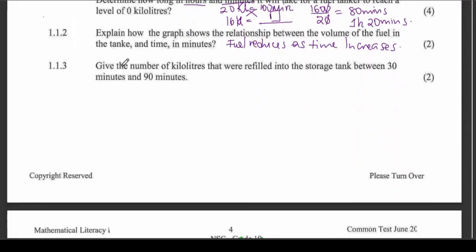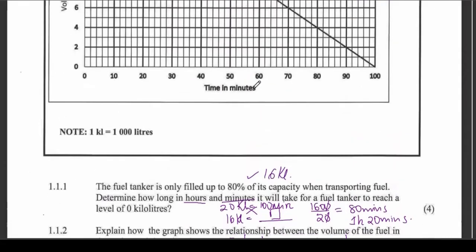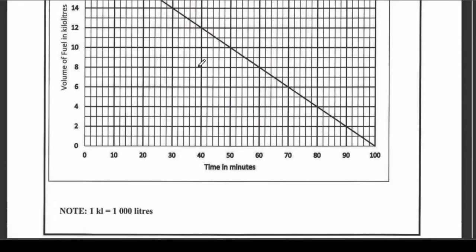Or you can say it's inverse. Give the number of kiloliters that were refilled into the storage tank between 30 minutes and 90 minutes. So you'll come here, tell us. 30 minutes are these ones here. So we shall read that, 14. At 90 minutes, remaining with 2.